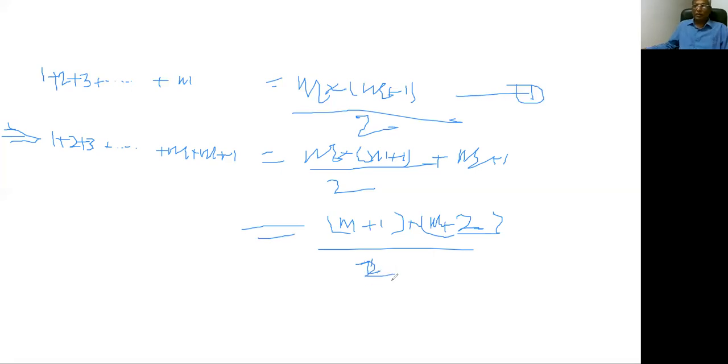So learners, you find that this statement is true for n is equal to m plus 1, because it gives (m plus 1) into (m plus 1 plus 1), means (m plus 1) into (m plus 2) divided by 2.